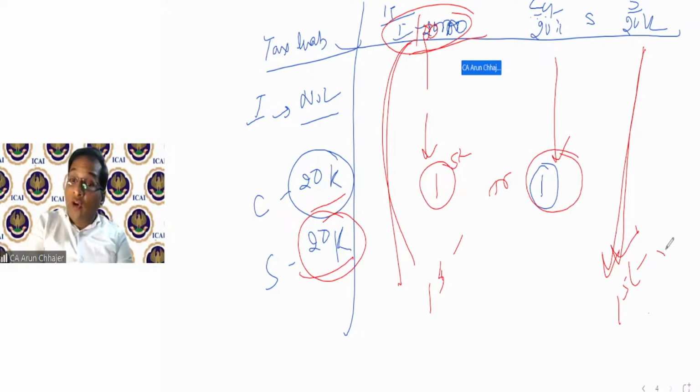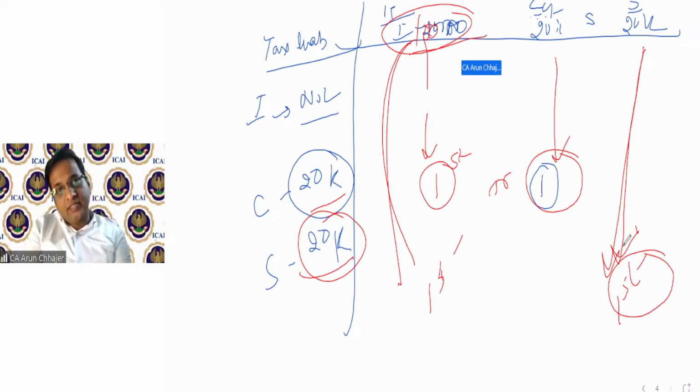You cannot use the ITC of SGST till the time the ITC of IGST is exhausted.